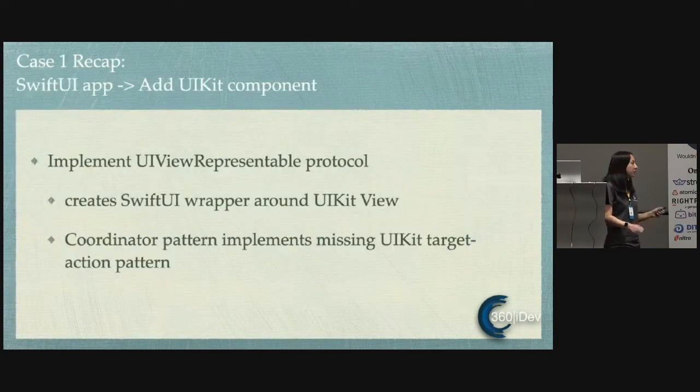So I know that was a lot, so let's recap what we just went over. When you have a single screen SwiftUI app and you want to add a UIKit component within that screen, we need to implement the UIViewRepresentable protocol. This creates a SwiftUI wrapper around the UIKit view, and the coordinator pattern implements our missing UIKit target action pattern.